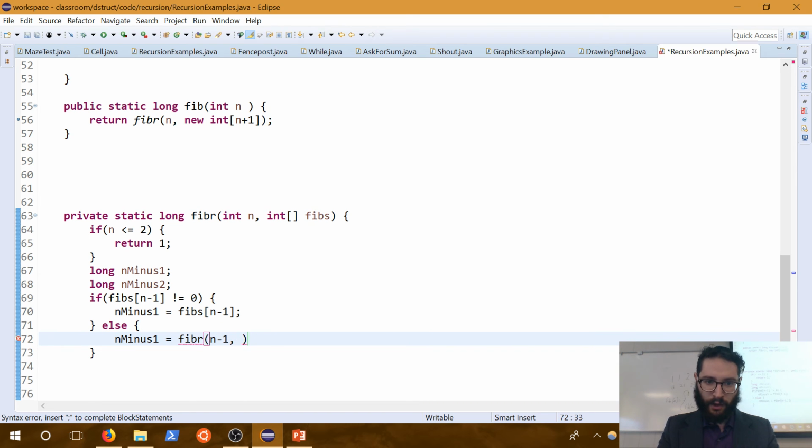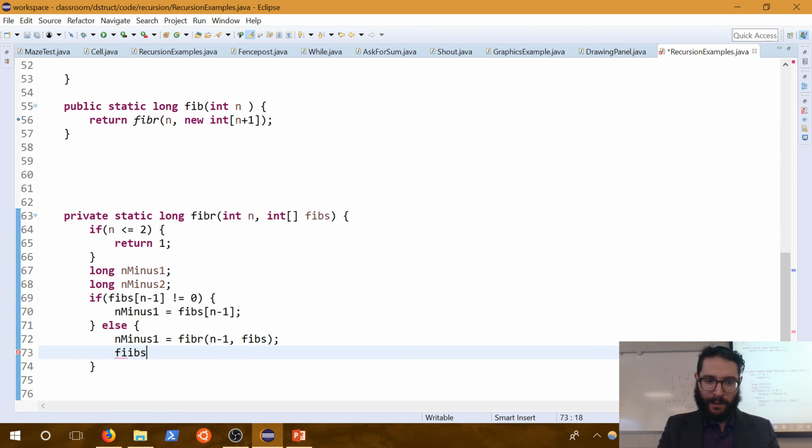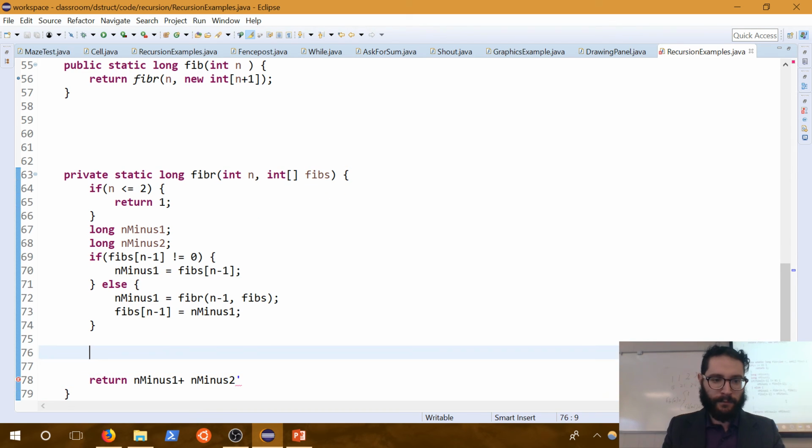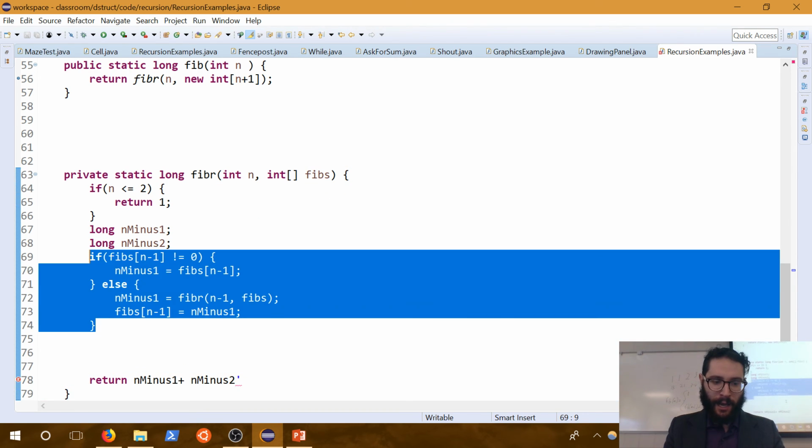So we'll do a recursive call over here and pass in that array so that it has access to it. And then once we get our answer back, we're going to store it: fibs of n minus 1 is equal to n minus 1. So now that's stored in the array, if I've calculated a value, I don't have to calculate it again. Okay, and then we do the same thing for n minus 2.